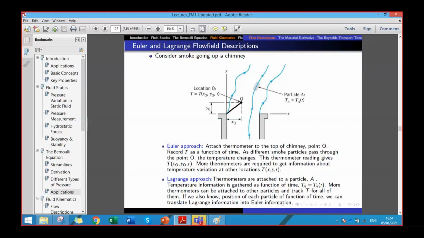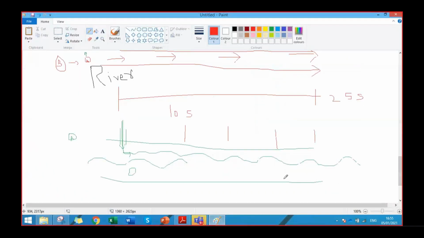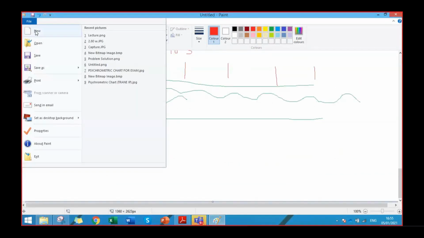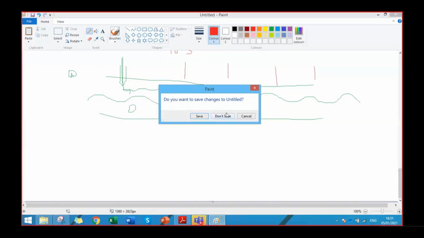Let's say if we also know the position of each particle as a function of time, we can translate Lagrange information into Euler information, and the reverse is also possible if we install sensors from the bottom of the chimney to the top of the chimney, throughout the chimney. Let's say this is the chimney. And we install countless sensors from this bottom to the top.